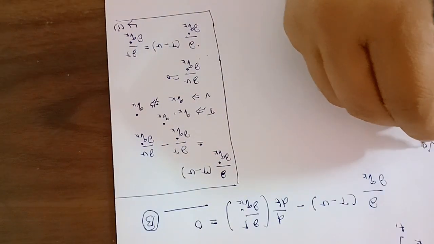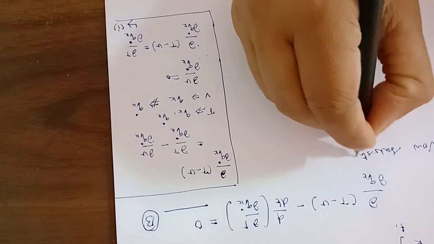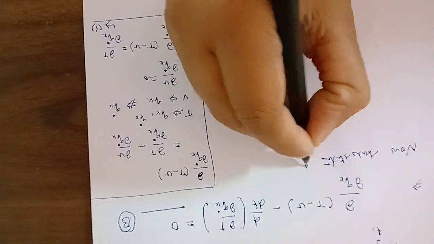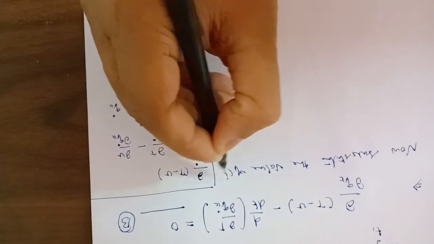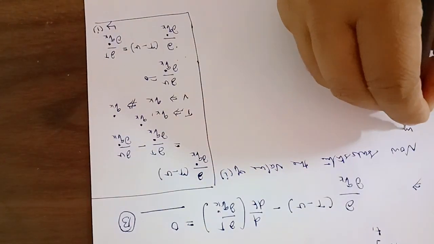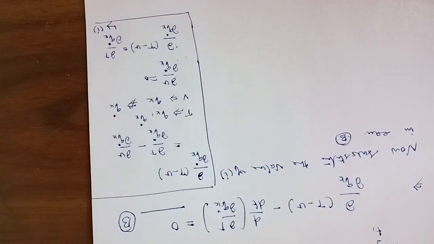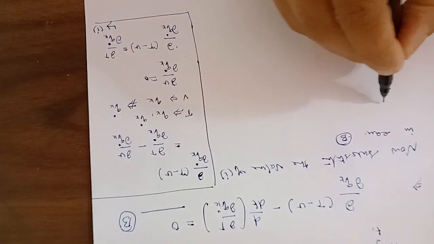Now substitute the value of equation 1 in equation B for dou t by dou qk dot. So what will happen?